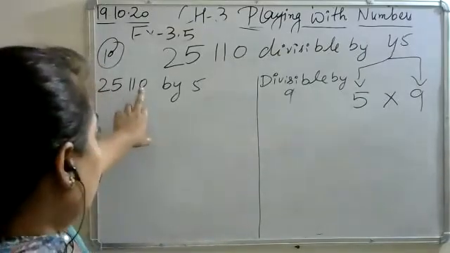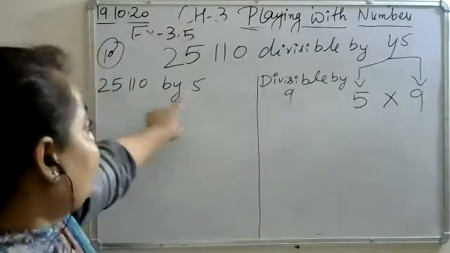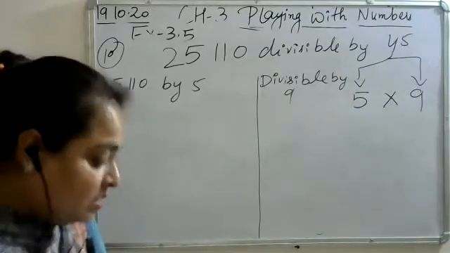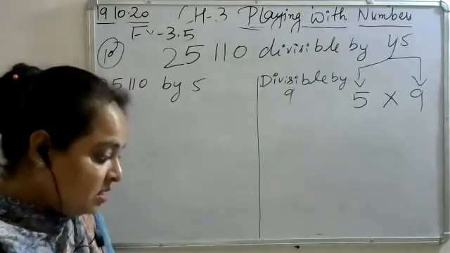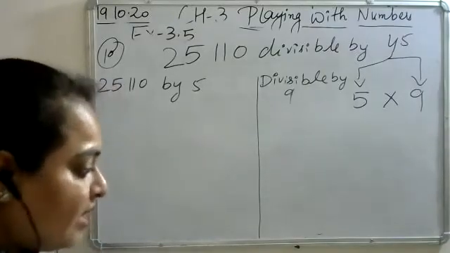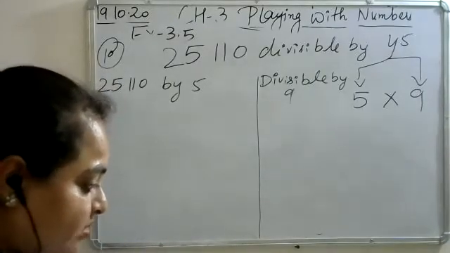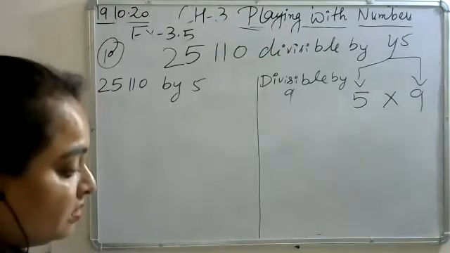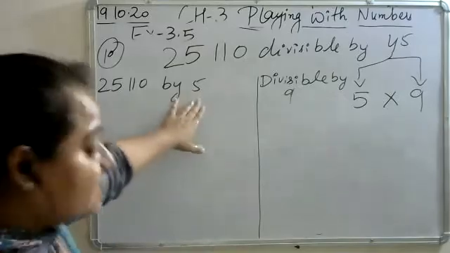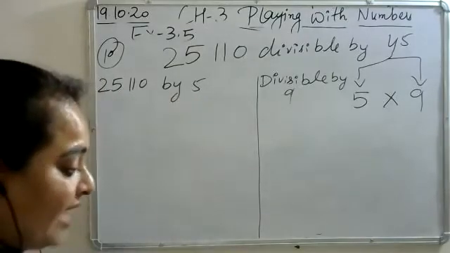Now tell me, is this number divisible by 5? Recall the divisibility rules and tell me the reason. Write them in the chat box. Savya, what is the reason? I want a reason why this number is divisible by 5. Very good, Chehak.